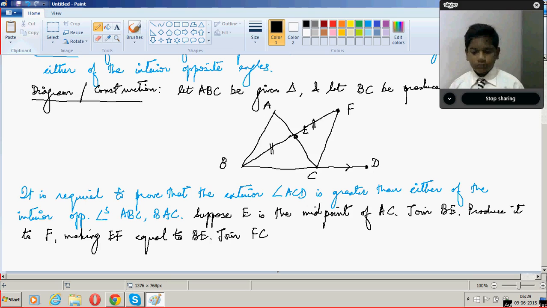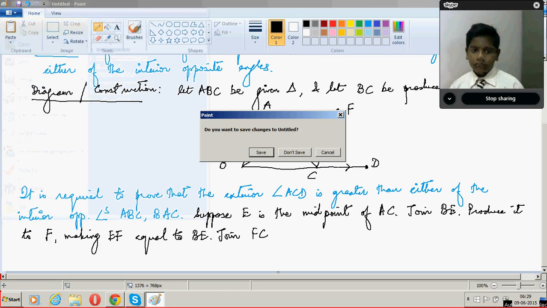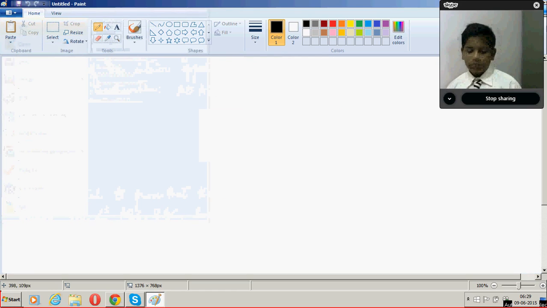Follow? So in geometry we have to do some constructions which will aid us in proving the given theorem. So these geometric constructions will not come all of a sudden, by divine intervention. They come by practice, by imagination. Okay? So we proceed further. I am redrawing the diagram.